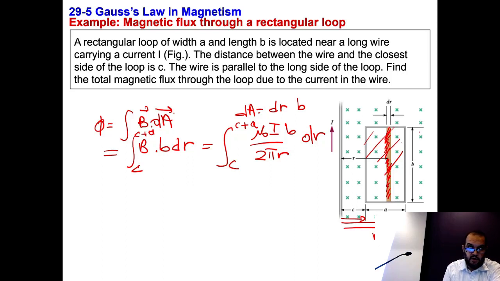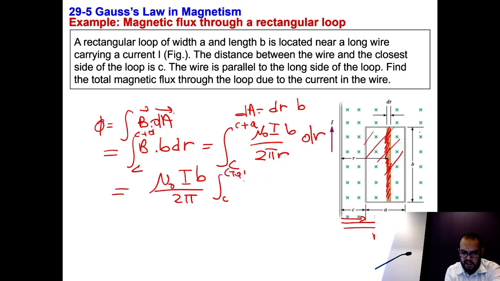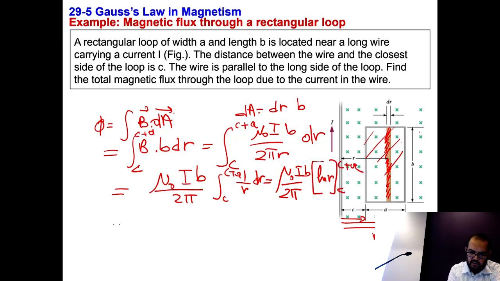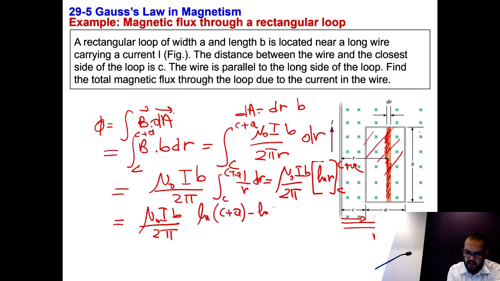It's log of R. Let's take all the constants outside of the integral: mu 0 I B divided by 2 pi, times the integral from C to C plus A of 1 over R dr, which is log of R evaluated between C and C plus A. So this equals mu 0 I B divided by 2 pi times log of C plus A minus log of C.